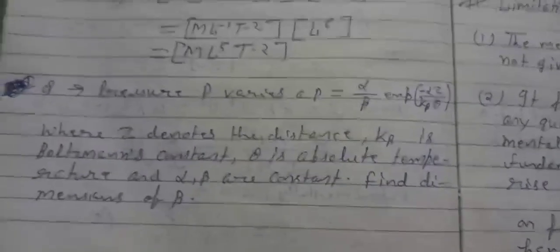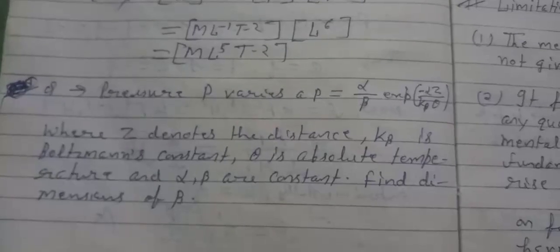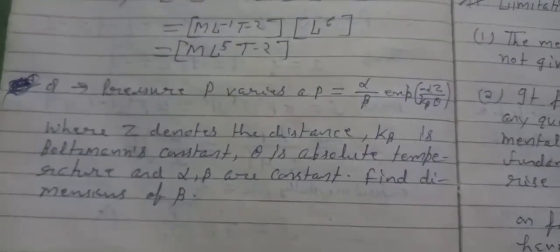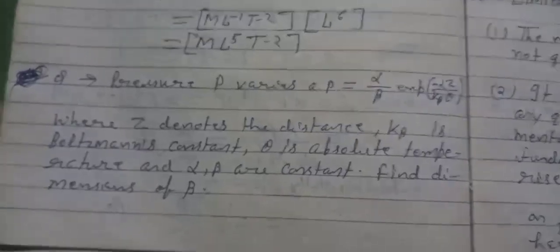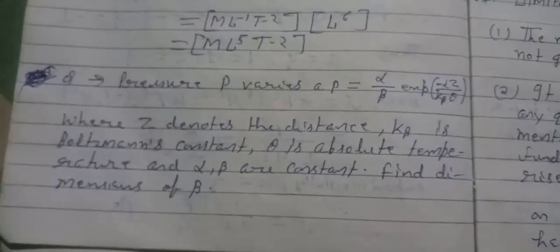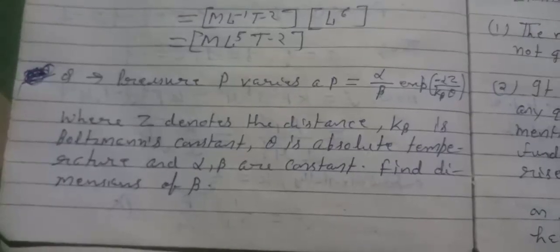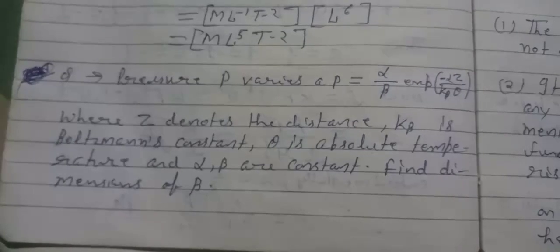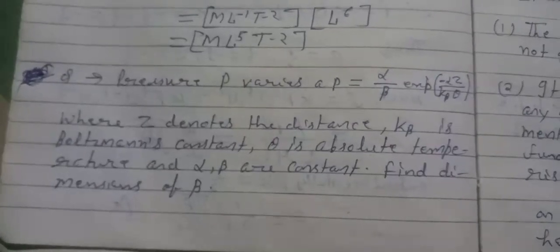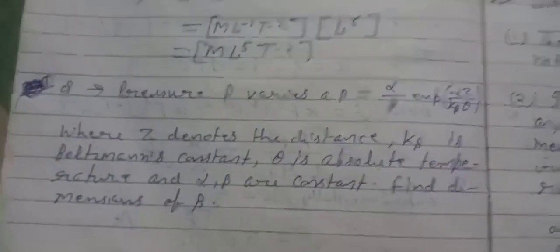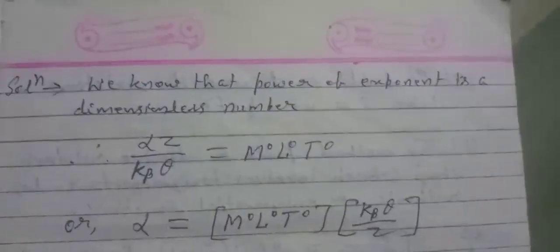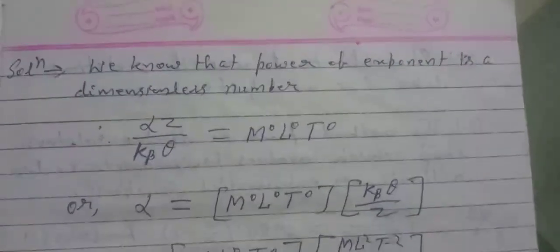Question. Pressure P varies as P equals alpha by beta exponential minus alpha Z by K beta into theta, where Z denotes the distance, K beta is Boltzmann's constant, theta is absolute temperature, and alpha, beta are constants. Find the dimension of beta. Solution. We know that the power of an exponent is a dimensionless number.